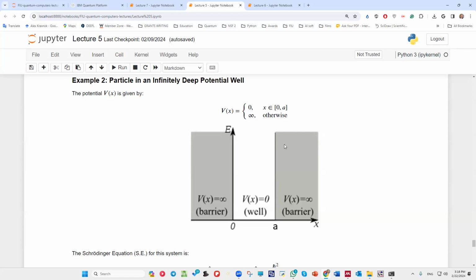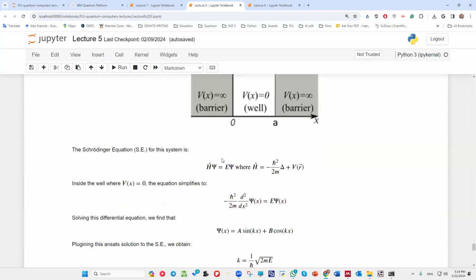So the solution of this problem is very simple because we simply imply that the potential energy here is 0. So the Schrödinger equation is simplified. This is the Schrödinger equation in the stationary state, with the Hamiltonian like this, with the kinetic operator and potential operator.